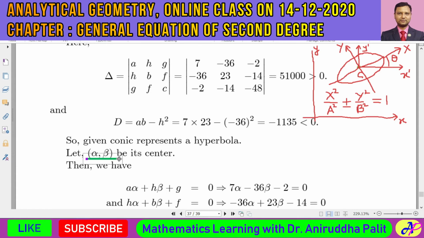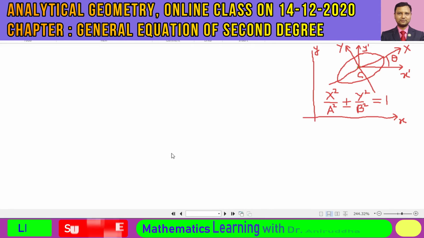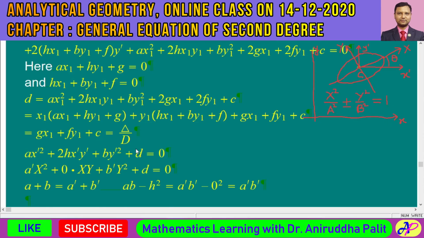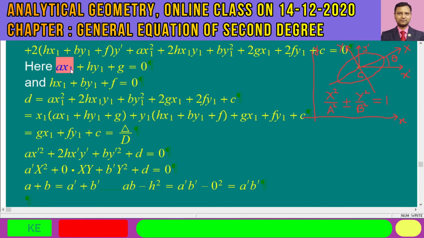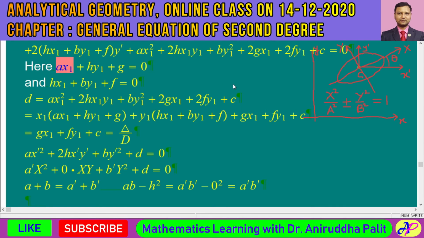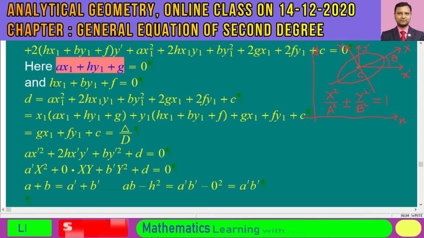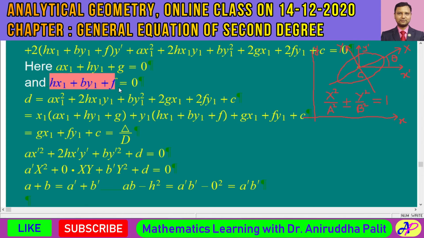And how to find out the center? We already have this kind of formula that finding that center can be computed by this kind of formula. In place of x1 y1 we assume alpha beta, so a alpha plus h beta plus g is equal to 0, and h alpha plus b beta plus f is equal to 0.